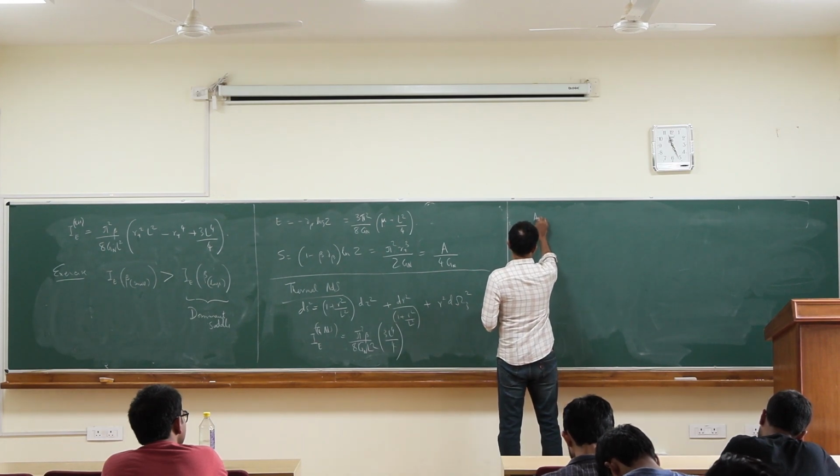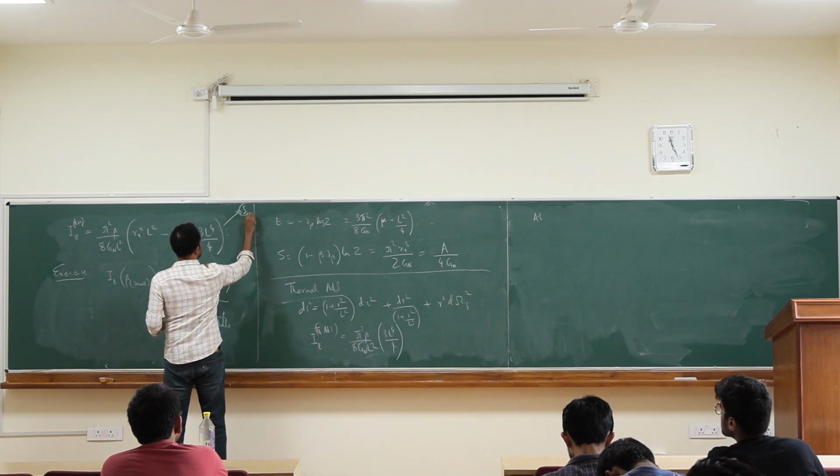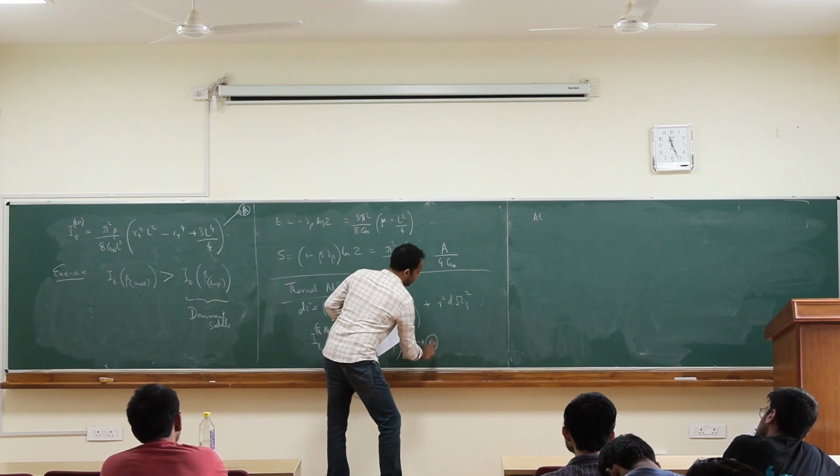So this is the key observation. This is our first expression, note this is A and this is B, and we are just comparing them. That's all we are doing.